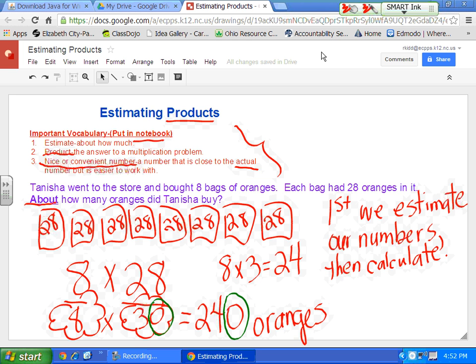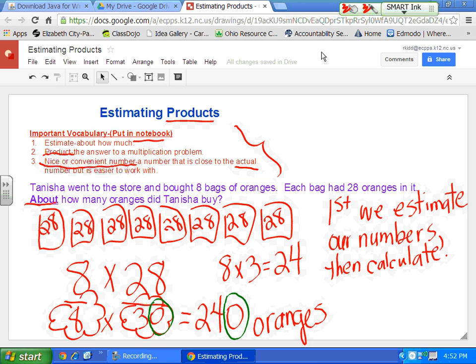Now we need to look back. We've carried out the plan, and so now we need to look back. Is this reasonable? Well, I know if I had 10 bags of 28, that would be 280, and 240 is certainly in that ballpark, or in that area. So this is a reasonable answer for this problem.